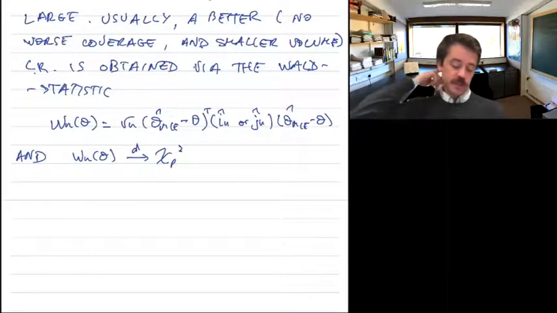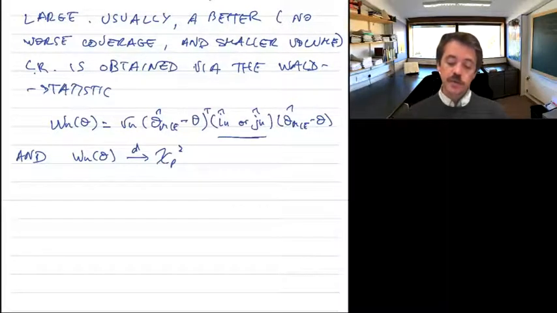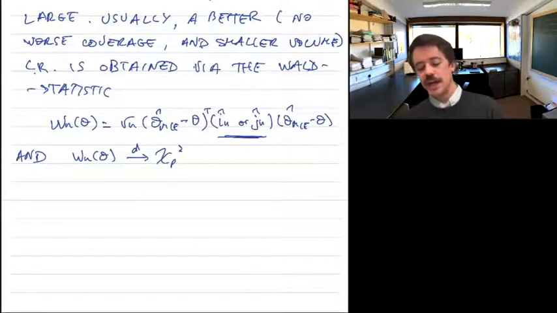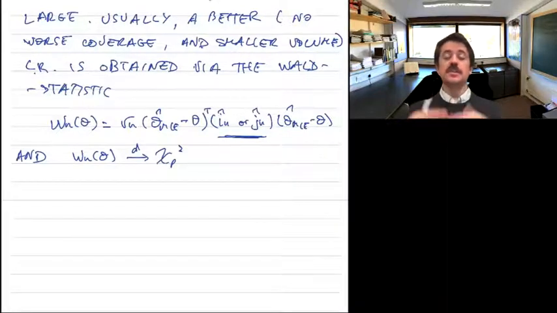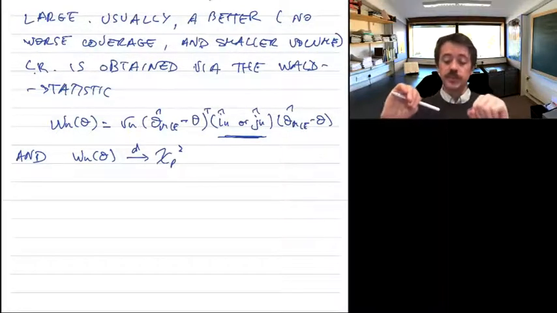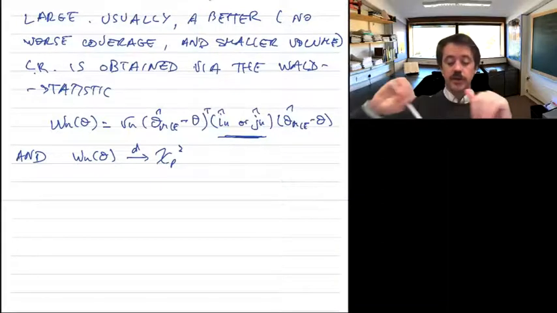So let me pause here and say why this is the case. Take the square root of In hat. Rather than In hat, just imagine that it is the Fisher information matrix. If you take the Fisher information matrix as the product of two square roots of itself, then you can separate it.